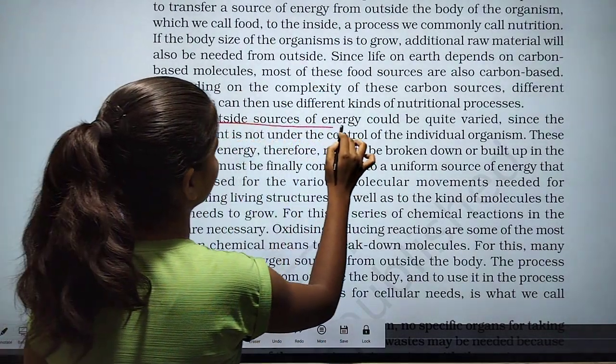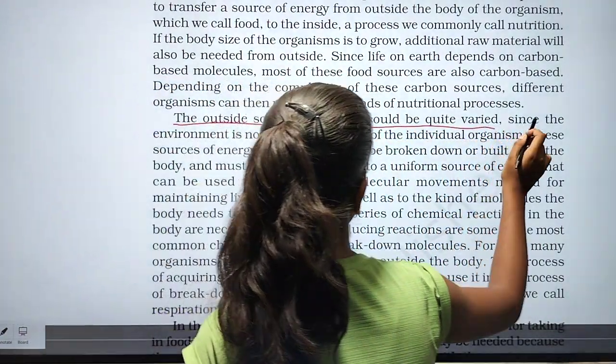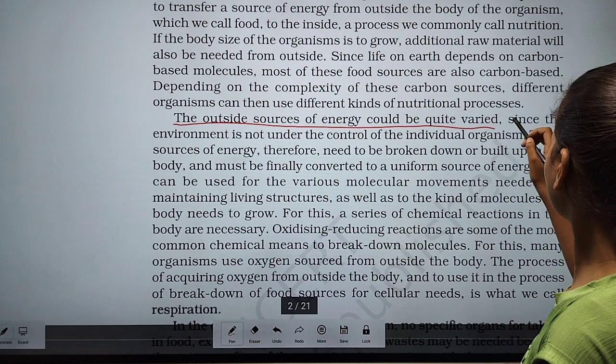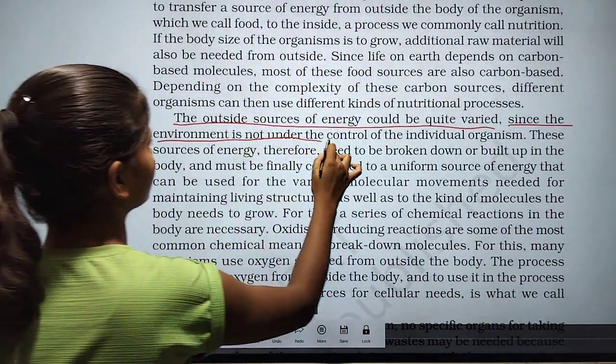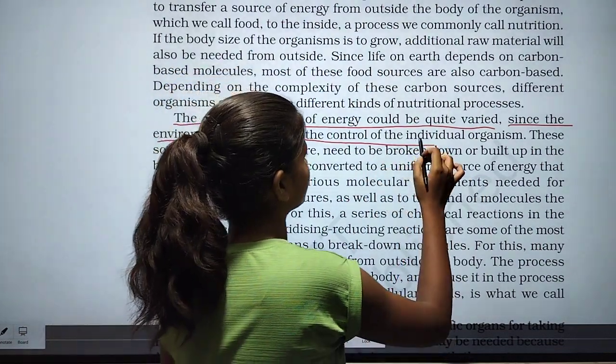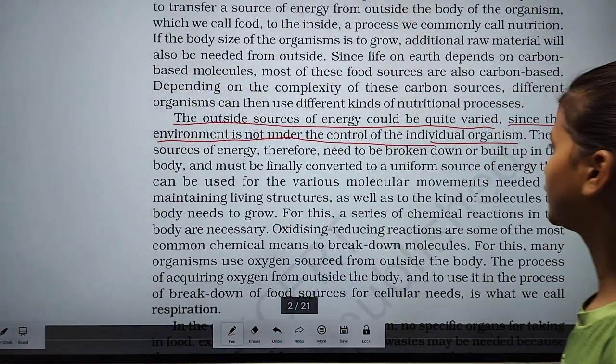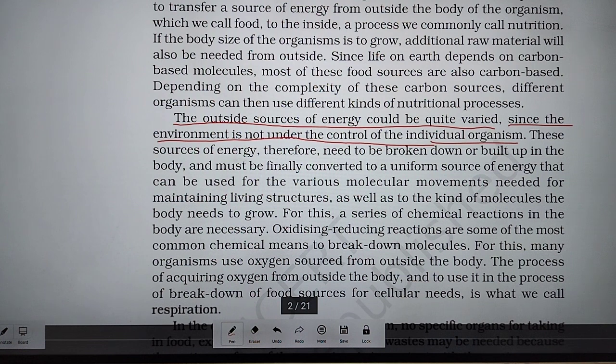The outside source of energy could be quite varied, since the environment is not under the control of the individual organism. It means the outside source of energy could be quite varied.